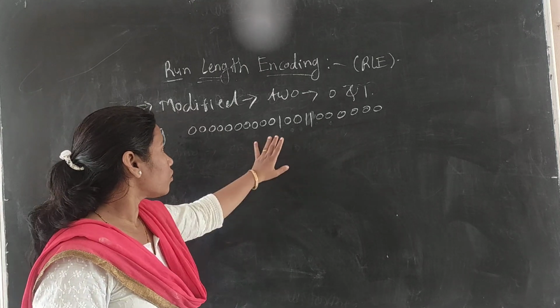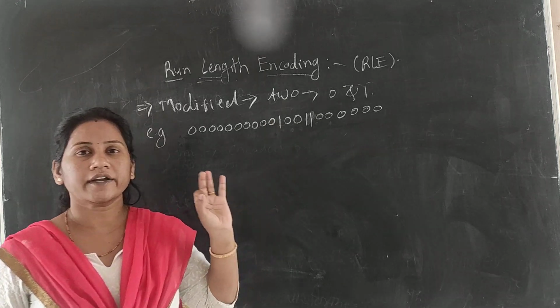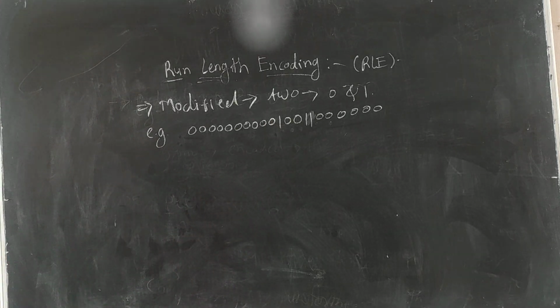That means there are only three ones, and the remaining string contains only zeros. That's why in the above pattern there are more zeros than ones.